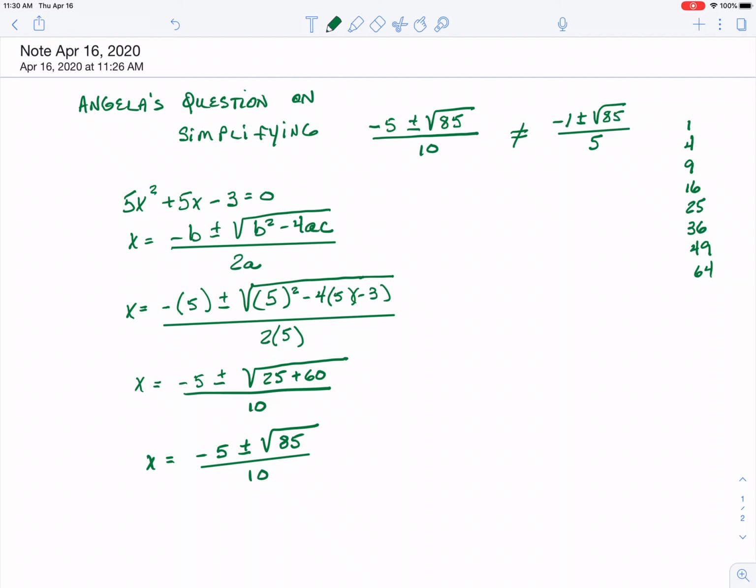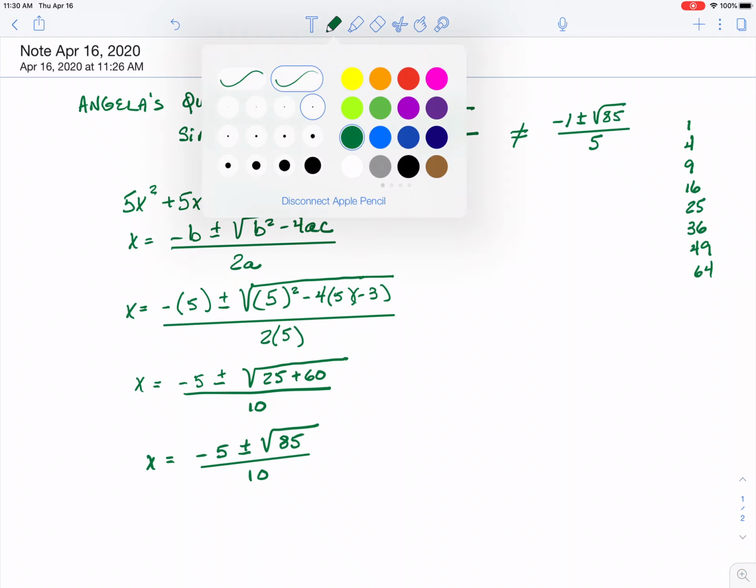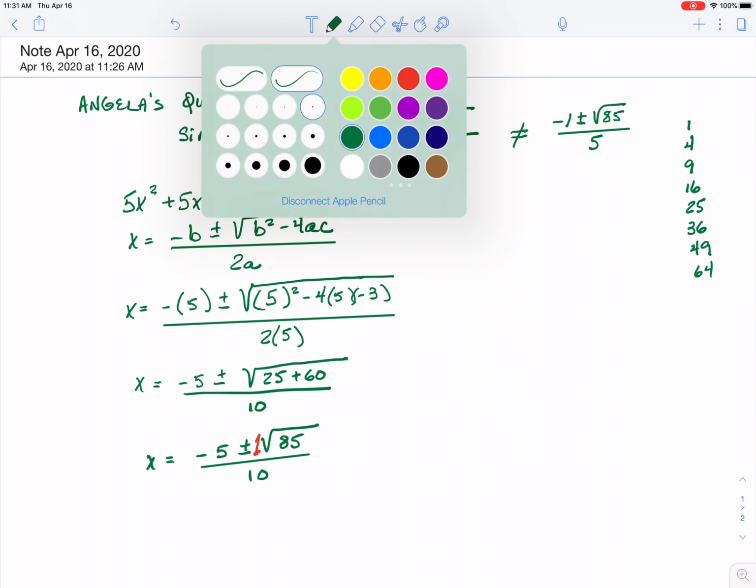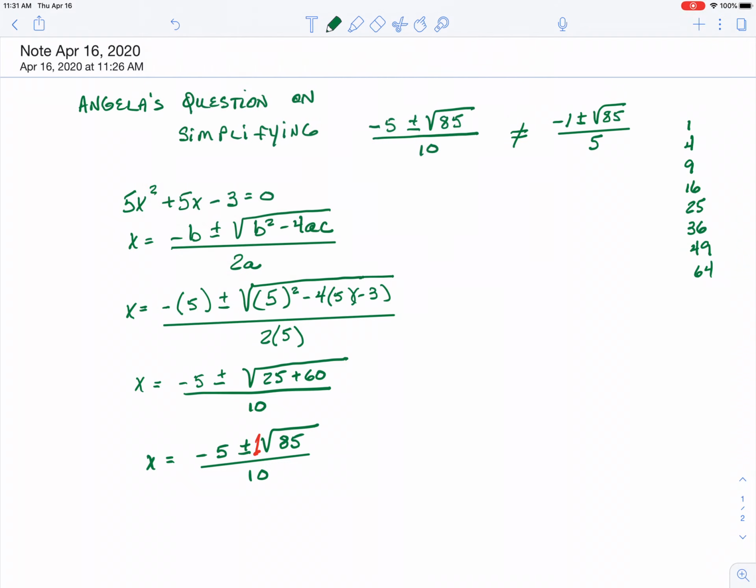Now I need to also remember that there is an understood 1 sitting right there in front of that square root of 85. So it's tempting when you see this 5 and this 10 to go ahead and cancel those out. So let me see if I can explain to you how you would want to handle that.